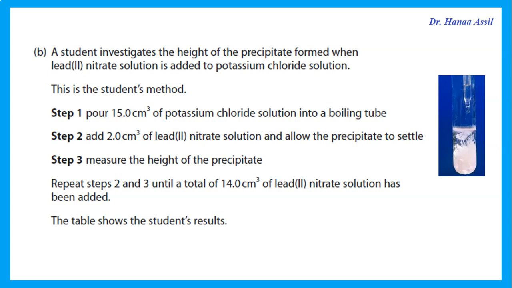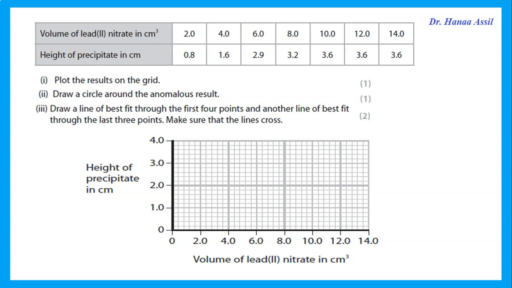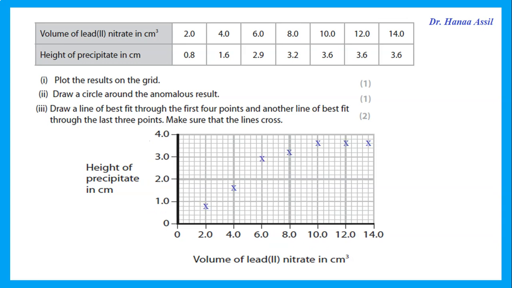The table shows the student's results. We have a table here and we have a graph, and it's already labeled, and all we need to do is plot the results on the grid. Remember that when we plot, we use small x's or we use a dot with a small circle. Please do not put just dot, dot, dot.